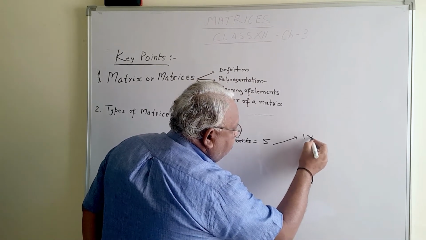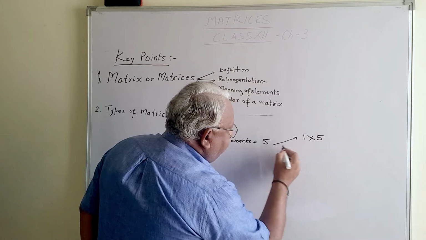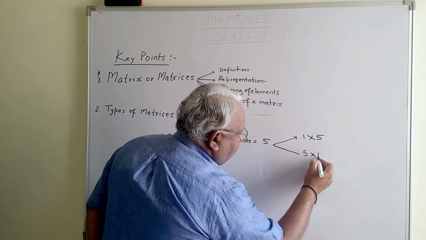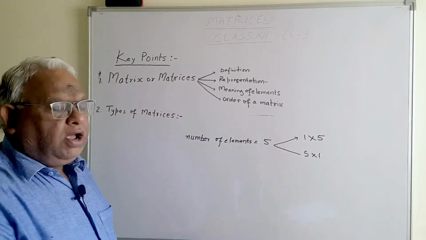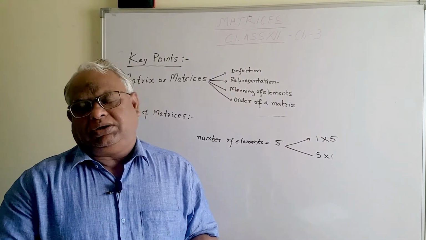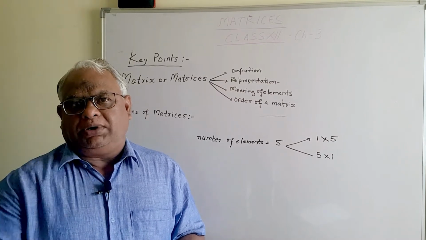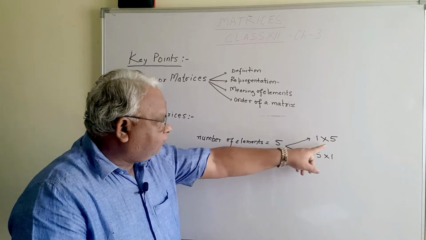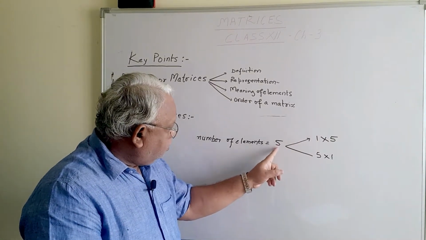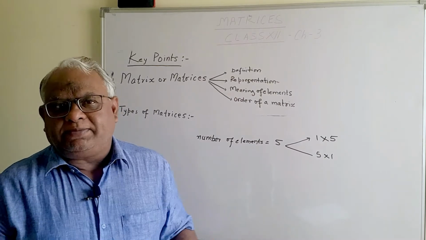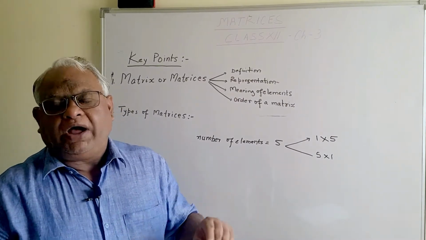The order is 1 cross 5 or 5 cross 1, because the number of elements cannot be in fraction, it has to be a whole number. So your multiplication of this should not be different from this 5. So there are only two possibilities, 1 into 5 and 5 into 1.